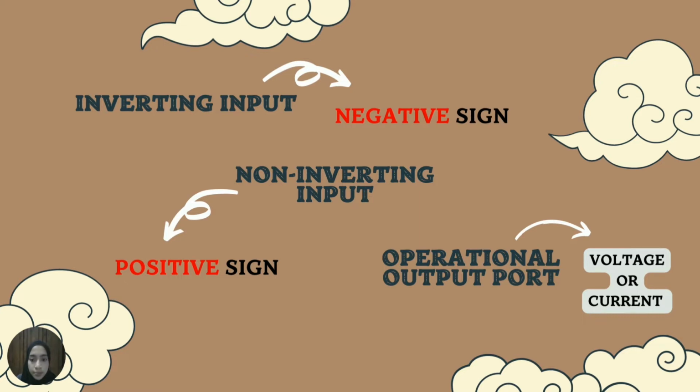An operational amplifier is basically a three-terminal device which consists of two high-impedance inputs. One of the inputs is called the inverting input, marked with a negative or minus sign. The other input is called the non-inverting input, marked with a positive or plus sign.